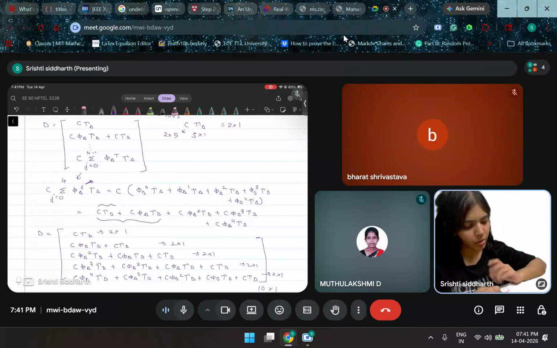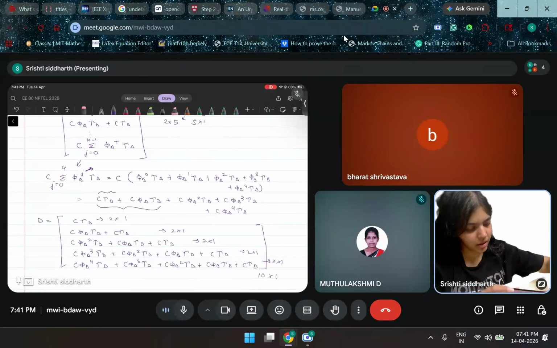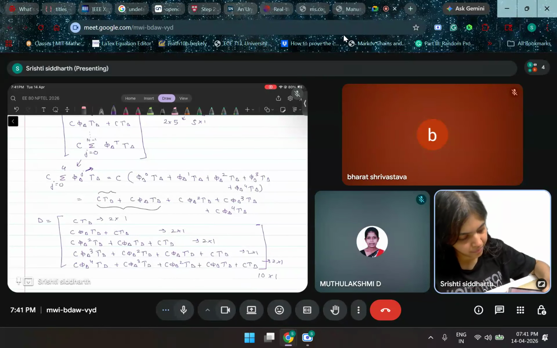Has anyone attempted this question in the assignment? I just want to know, is it phi delta to the power capital T or is it J? Because then there is no index in the summation, right? I'm talking about this one. Should this be J?